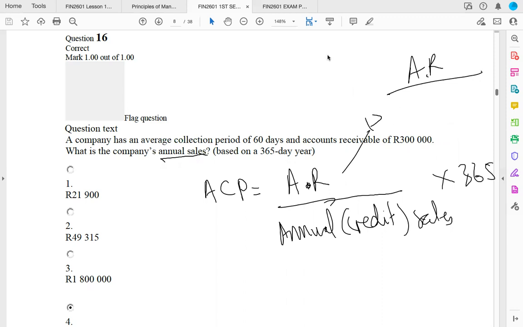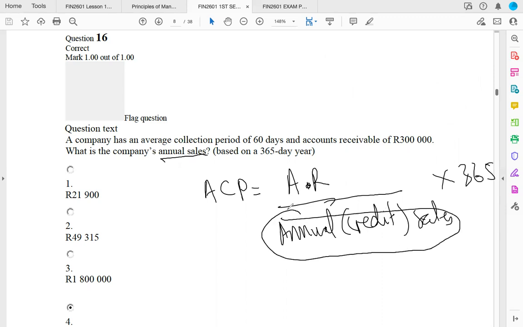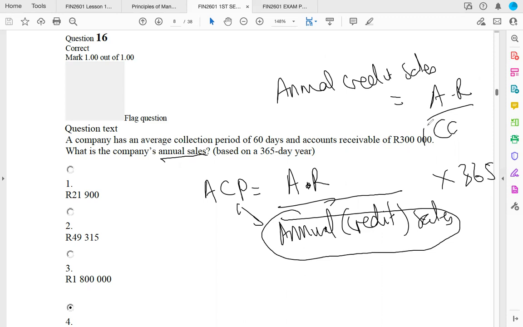Otherwise, for us, we are going to use this formula right here so that we can calculate our annual credit sales. So here we can do a bit of cross multiplication, and then we can say our annual credit sales are equal to our accounts receivables over our average collection period times 365. So it's just cross multiplication.